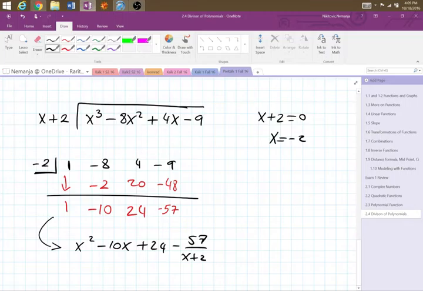So it's only for linear terms. You put negative 2 there because it was positive, now it's negative. Coefficients: 1, negative 8, positive 4, negative 9. There they are. And now here's the way it's done. Drop this one down, multiply by negative 2, add, multiply by negative 2, add, multiply by negative 2, add. Done.